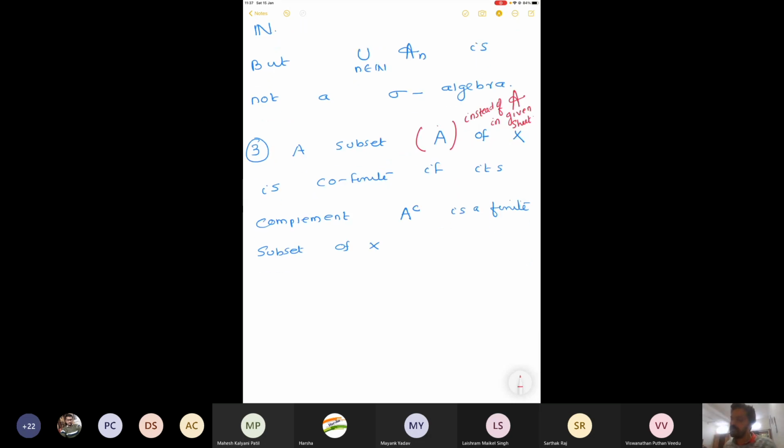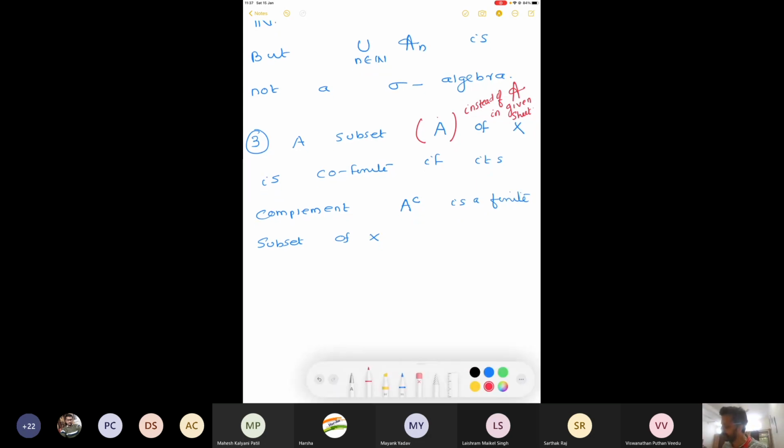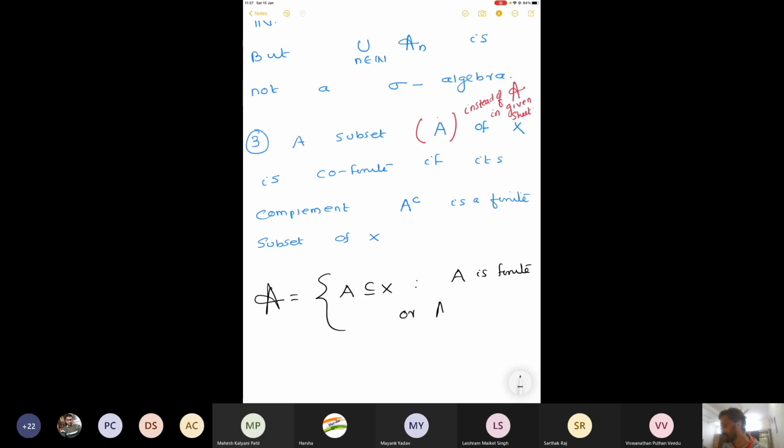This I have already defined previously. Now script A consists of all the finite and cofinite subsets of X. Script A is equal to the set of all A subset of X such that A is finite or A is cofinite, meaning A complement is finite. So this is your script A. And you are asked to prove that script A is an algebra of subsets of X.